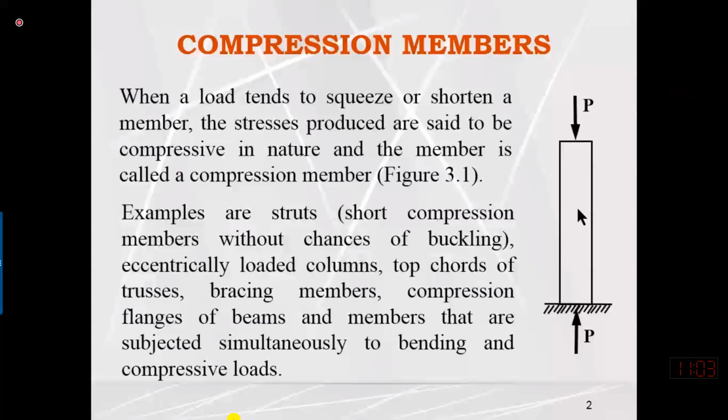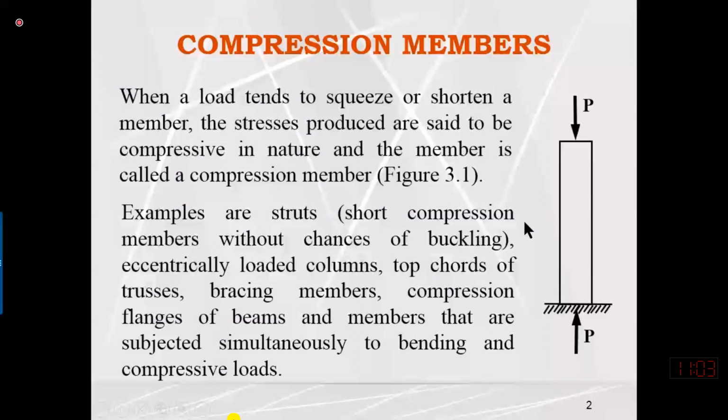The tension member is also an axial member subjected to axial longitudinal forces acting away from the body. But in a compression member, the forces act parallel to the longitudinal axis and tend to shorten the body.